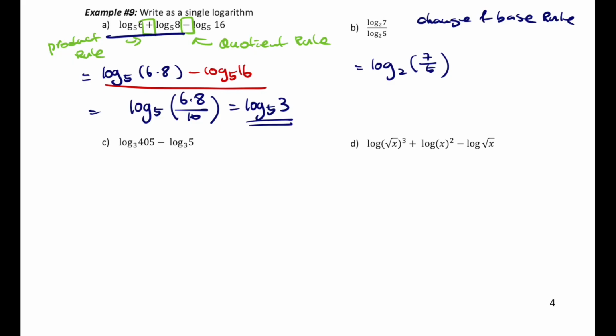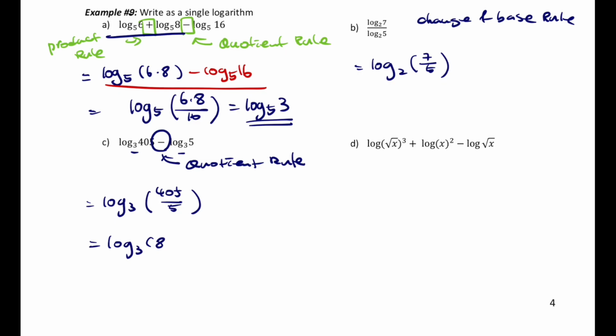We can just change its base and we have the final answer. Then for question C, we have base 3's, right? And then we have a negative sign in the middle, so it means we have to use the quotient rule. So we can do log base 3 of 405/5, and then 405/5 can simplify to 81.